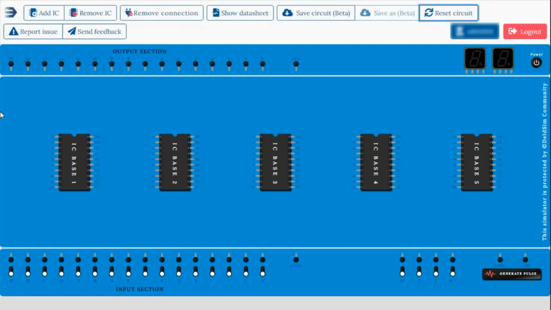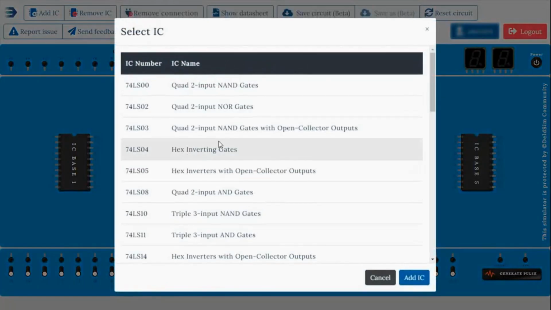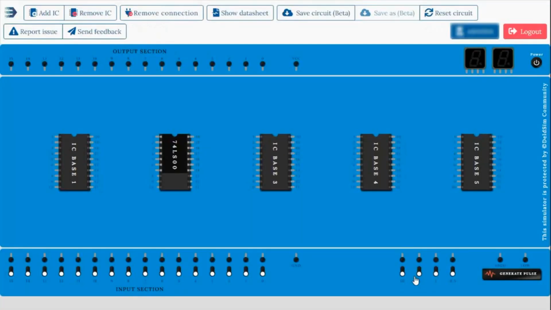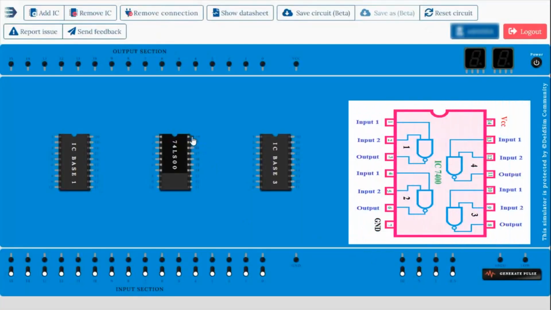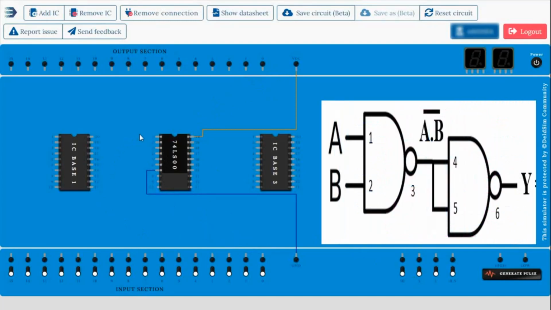Now we have to make the circuit. You have to take IC 7400. Connect pin number 20 to VCC and pin number 7 to ground. Now following the circuit diagram, we have to take two different inputs at pin number 1 and pin number 2.